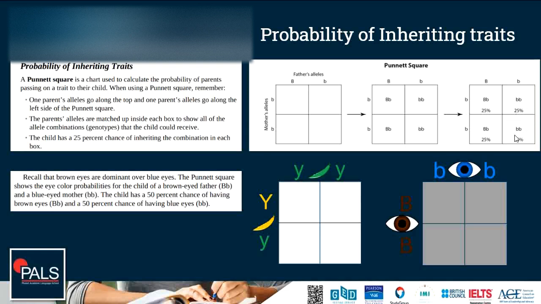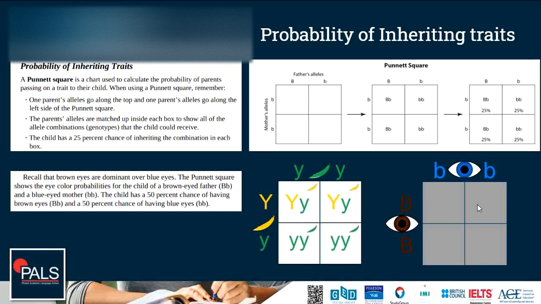You can see that these two represent blue eyes, whereas these two heterozygous genotypes will lead to brown eyes. So two more examples. Here we have the color of peas, yellow being dominant and green being recessive. We can have a look at what possible combinations we get here. We get these, so again we have 50% and 50%.